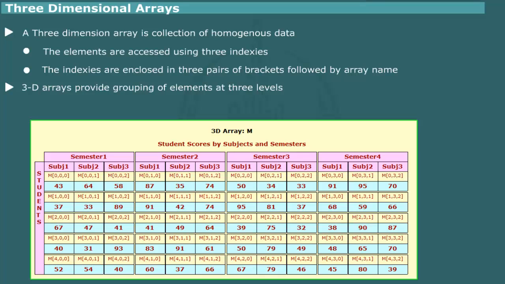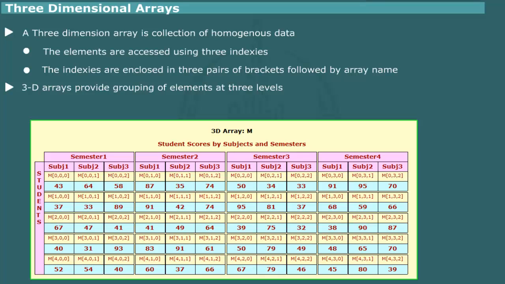The figure shows a pictorial representation of a three-dimensional array score. Notice that the array is split into 4 tables for the convenience of pictorial representation. Inside the computer, all of the elements are stored sequentially in contiguous storage locations. The elements of a three-dimensional matrix are described in terms of rows, columns, and planes.